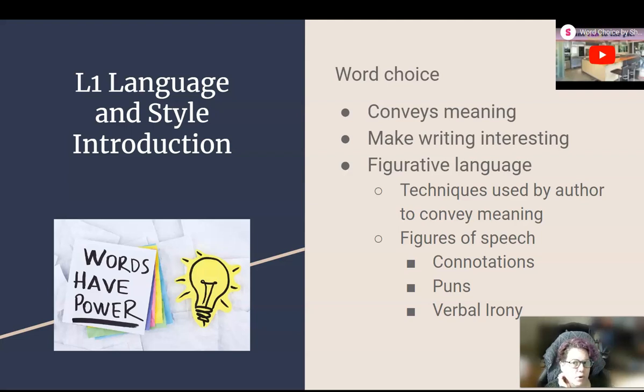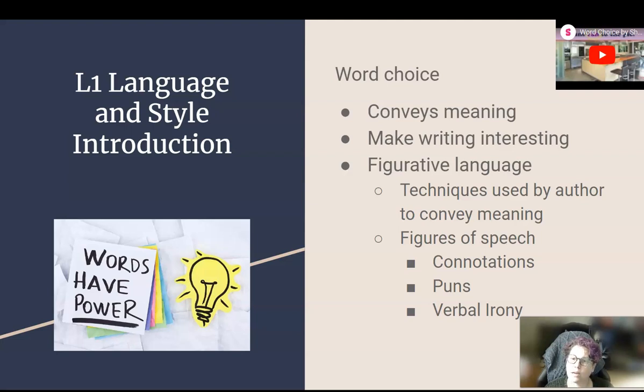Not only does it make it more interesting, but it also draws the reader in and makes them connect through emotions and feelings. Authors will use figurative language to do this, and figurative language is techniques that are used by the author to convey that meaning.